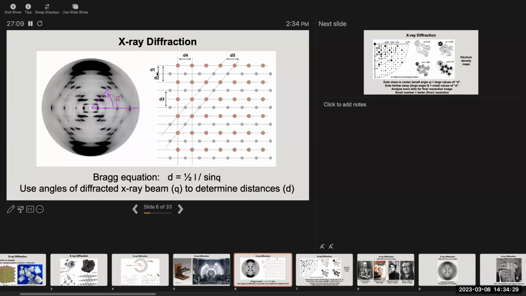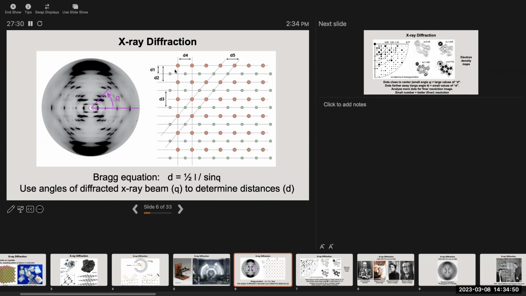That's one distance d, which would be represented by one of the black spots on here. You have another distance that I've called d2, which would be the distance between a row of sodiums and the next row of sodiums. So d1 was between sodium and chlorine, d2 is from sodium to the next sodium.